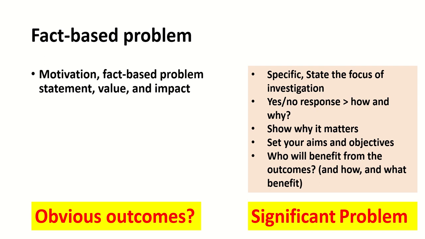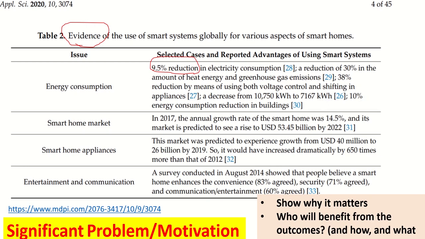Some of the students conduct a complex research method and at the end they come up with obvious outcomes, and this is a waste of time and resources. So you need to see how significant is the problem and how the outcome can be beneficial or useful.